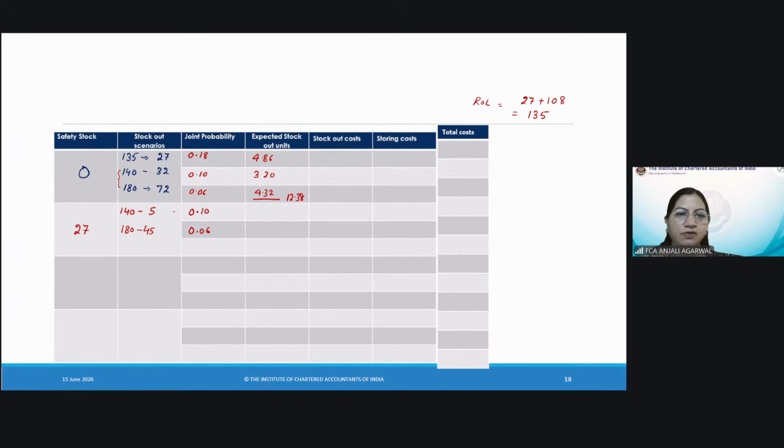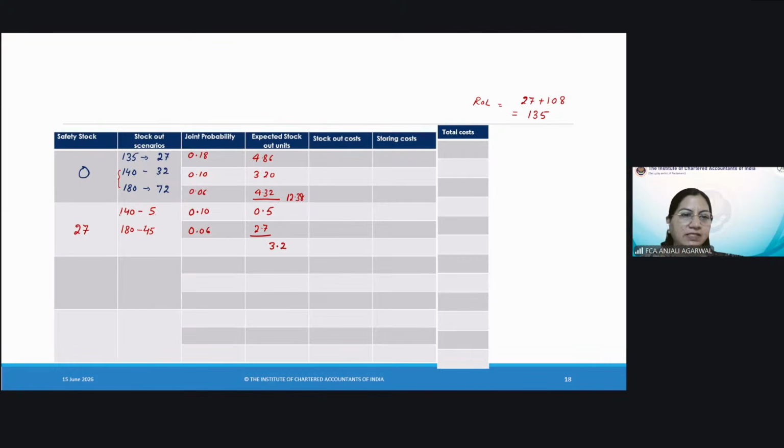So the expected stock out units will be 5 into 0.10, and 45 into 0.06 is 2.7. So the total stock out would be 3.2 units only.